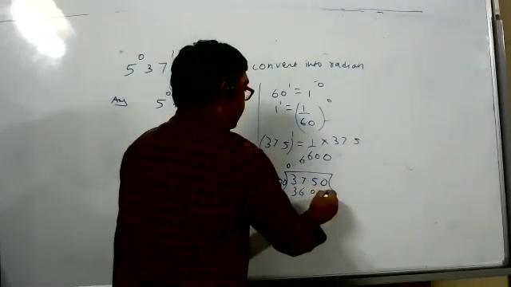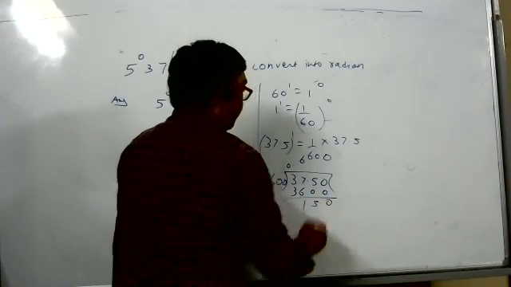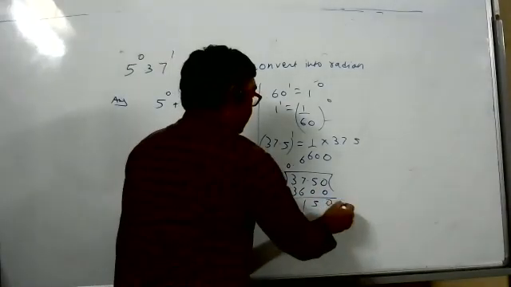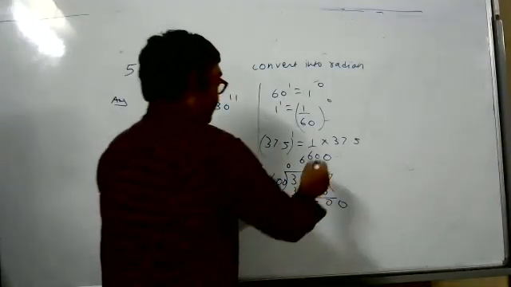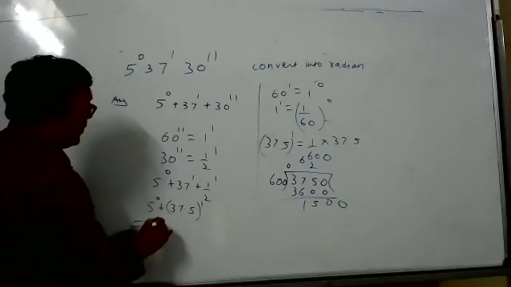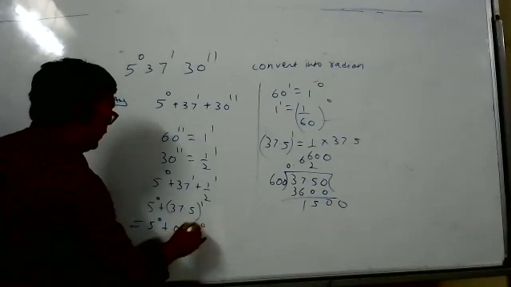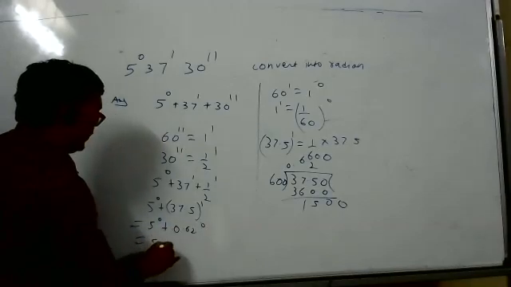So you'll get 6 only. Again put 0. So it will come 2 times. 0.62 is okay. So the answer is 5 degree plus 0.62 degree. So the answer is 5.62 degree.